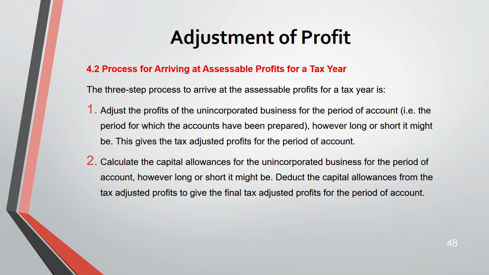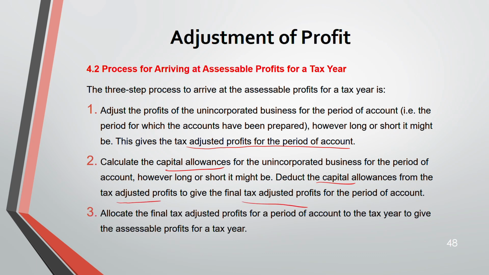Number 2, once you get your tax adjusted profit for the period of account, you calculate capital allowance. You have to deduct this capital allowance from your tax adjusted profit to get the final tax adjusted profit. And third is your final tax adjusted profit. These 3 sections will examine each of these 3 steps in turn.